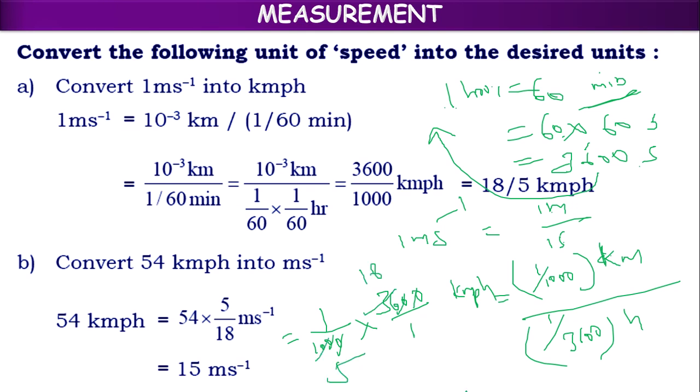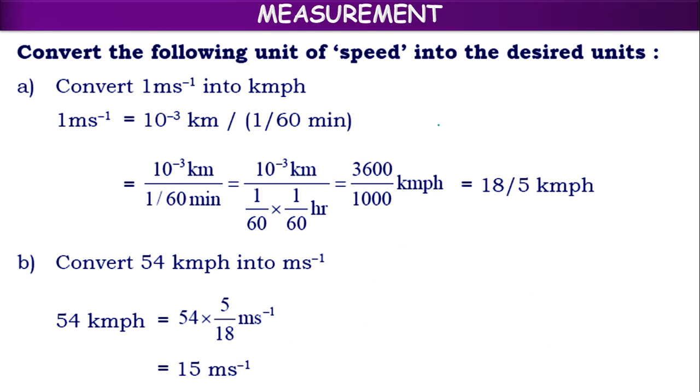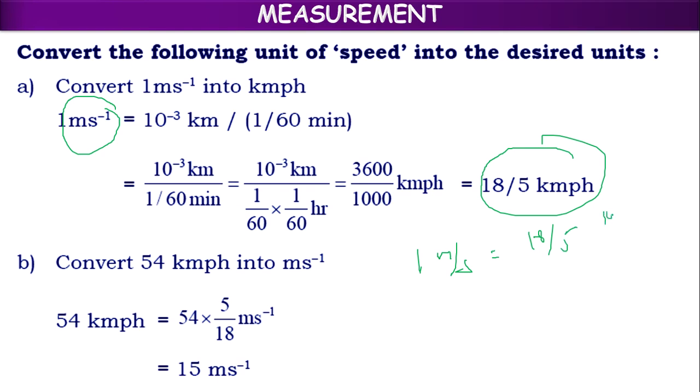So 18 by 5 kmph. So 1 meter per second equals 18 by 5 kmph, and reversing, 1 kmph equals 5 by 18 meter per second.